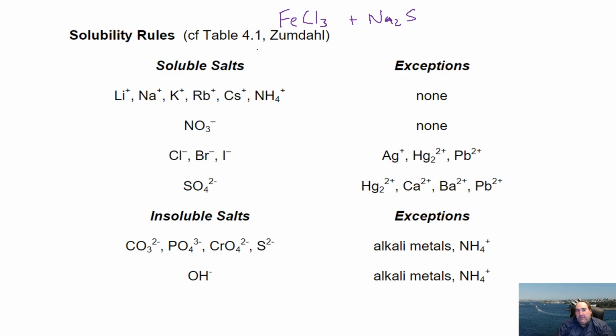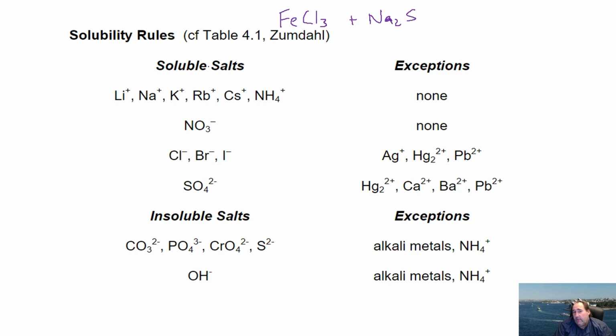All right, so why don't you take a few minutes, use these solubility rules or the ones on the previous page, which is kind of the same. Write the completely balanced molecular equation, the balanced total ionic equation, and the net ionic equation, and figure out the spectator ion. So take a few moments there and see what you come up with here.